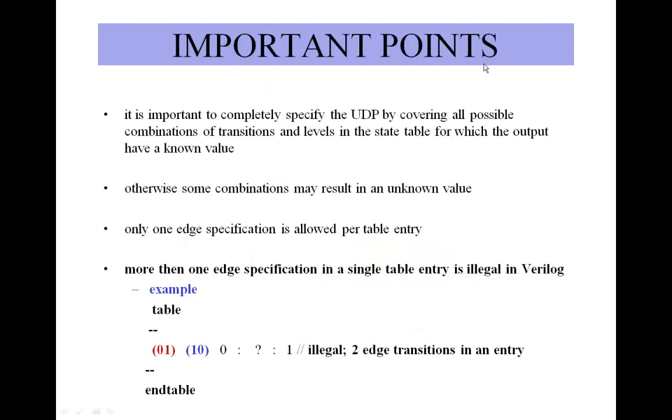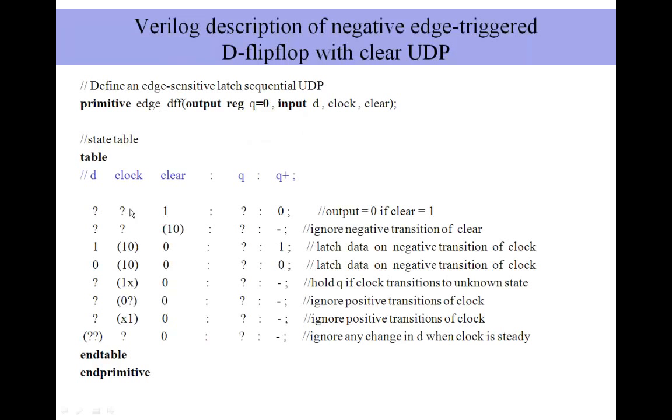So important points to remember here are, we have to completely specify the UDP by covering all possible combinations of transitions and levels in the state table for which the output has a known value. So all possible entries must be done here for which there is a known output, that is 0 or 1.